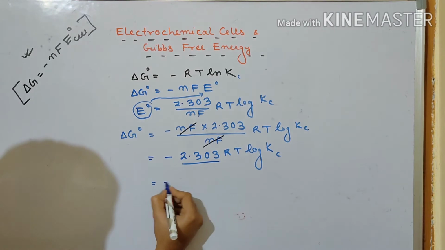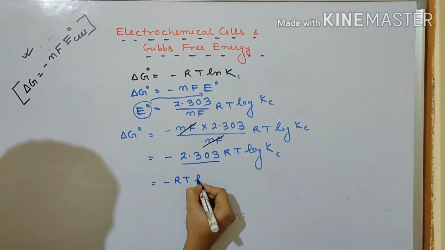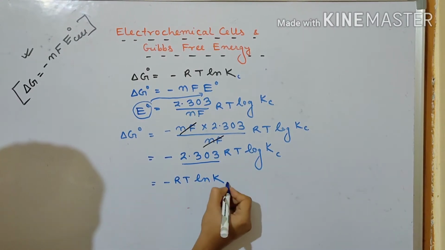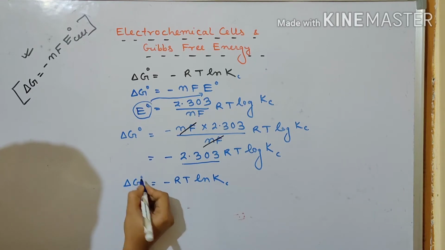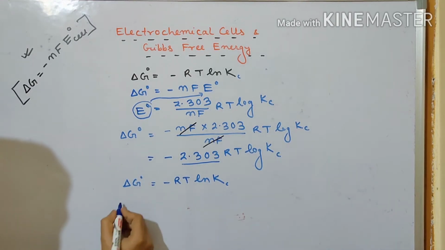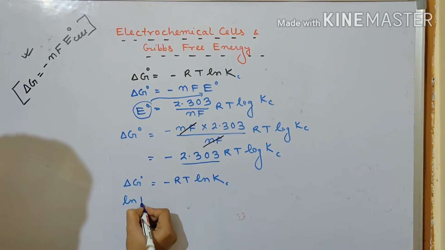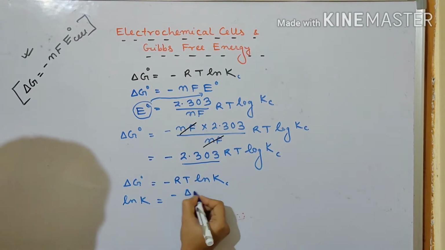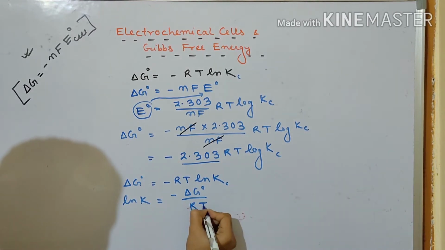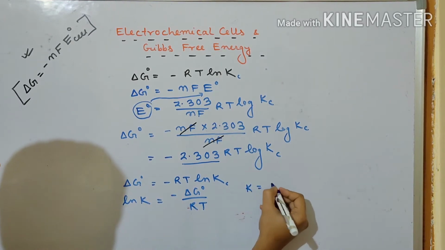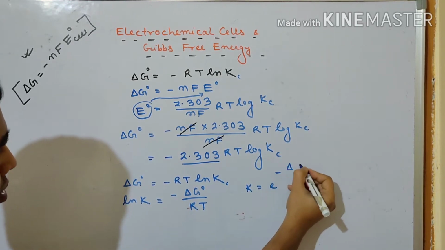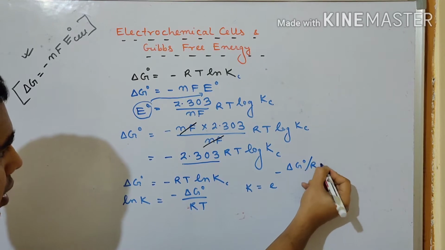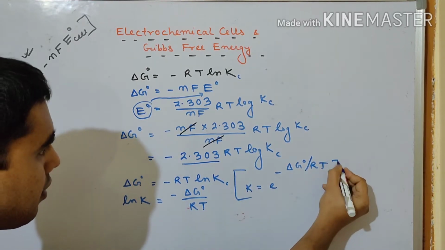So we can also say delta G0 is minus RT ln K. And we can say that ln K is equal to minus delta G0 by RT. So K is equal to e to the power minus delta G0 by RT, like that.